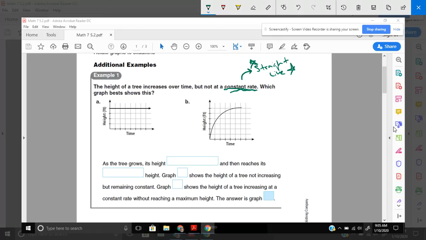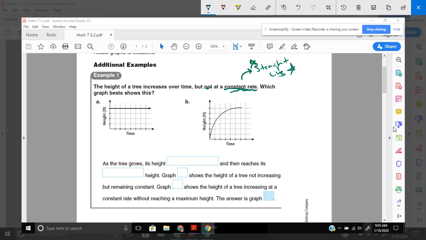So it's going to be linear, or it's going to create a straight line pattern. And this example asks for the height of a tree, but not at a constant rate. So it's not going to be a straight line. Well, if you know anything about constant rates, that automatically eliminates letter A, because letter A is constant.